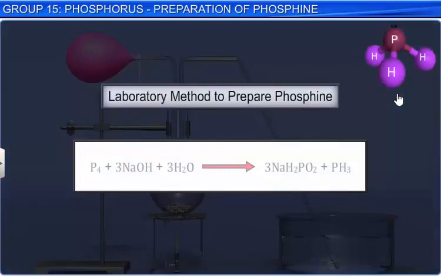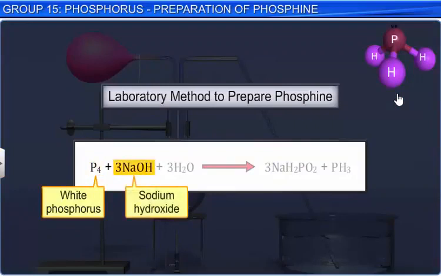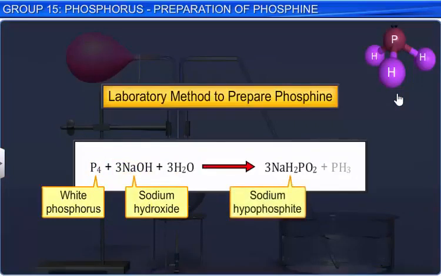Phosphine is also prepared by hydrolyzing white phosphorus with a concentrated solution of sodium hydroxide. This is the laboratory method to prepare phosphine. Let us take a quick look at it.